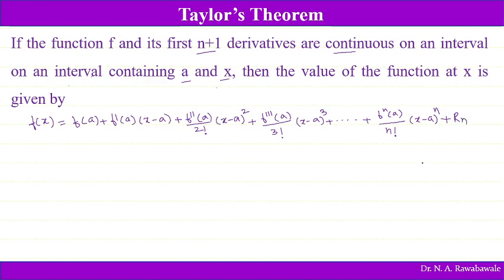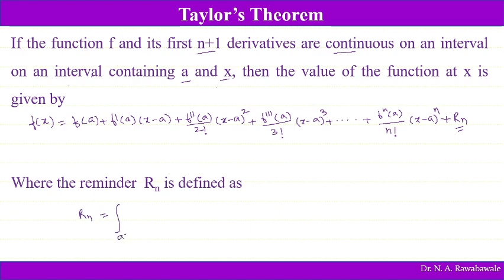So if the function f and its first n plus 1 derivatives are continuous on an interval containing a and x, then the value of function f of x is given by this Taylor's theorem, where the term Rn is the remainder, which is given by remainder Rn is equal to integration a to x, x minus t to the power of n divided by n factorial, f of n plus 1 of t dt.